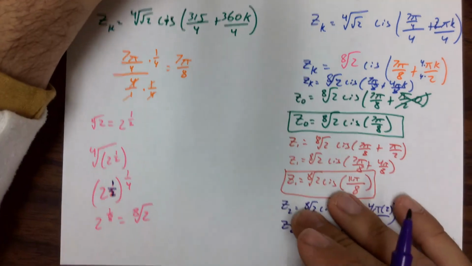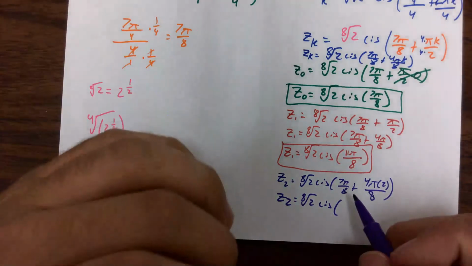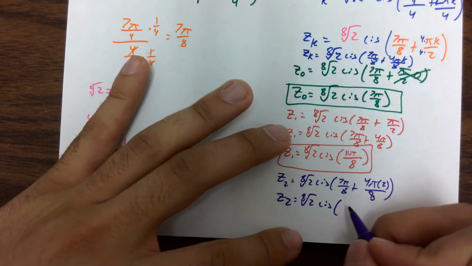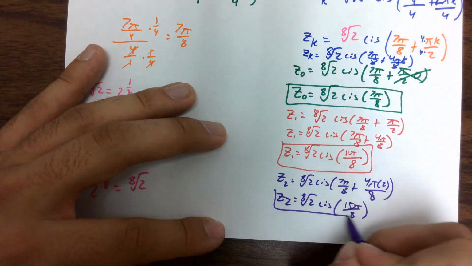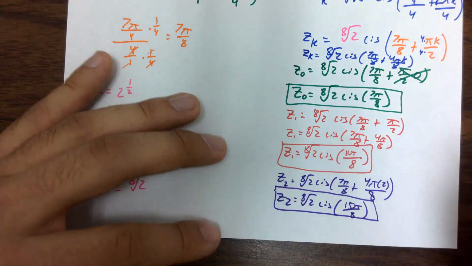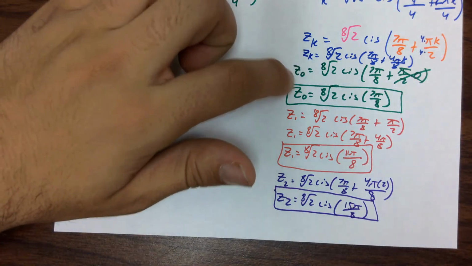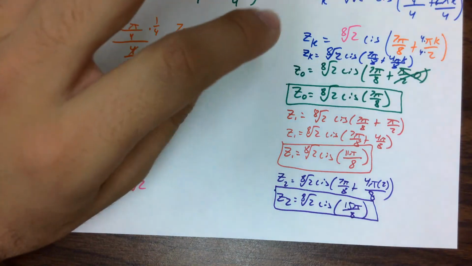So I'm going to have 8 pi plus the 7 pi, so that would be 15 pi over 8. Alright, so I have 1, 2, 3. Remember, I need the fourth one.